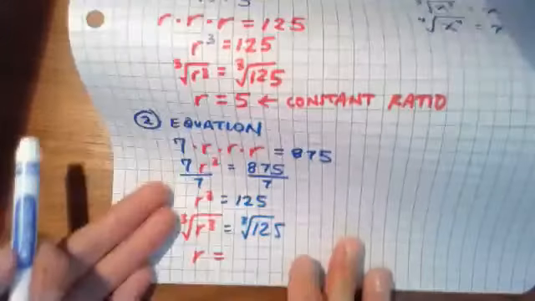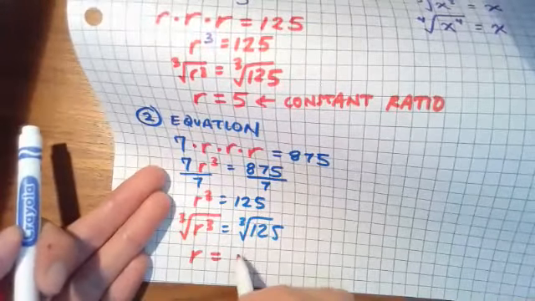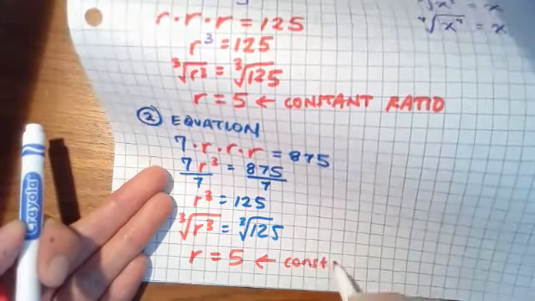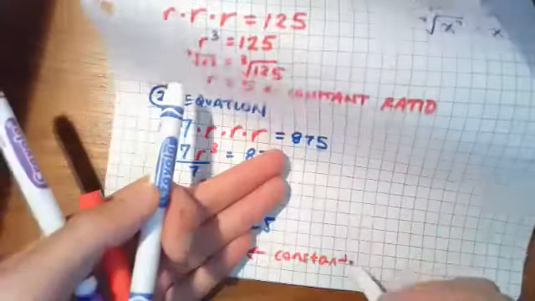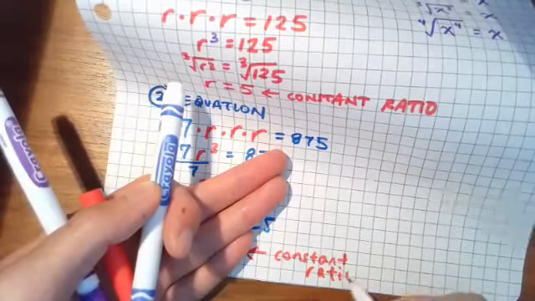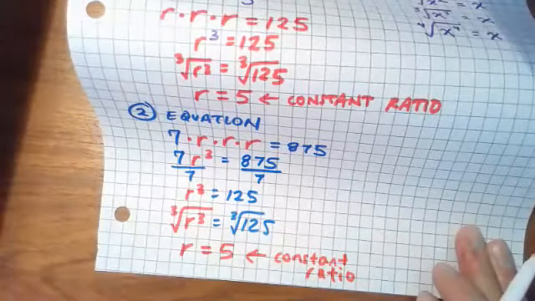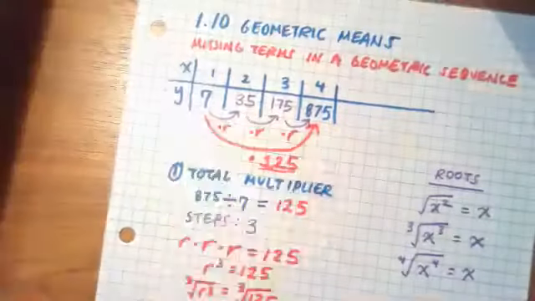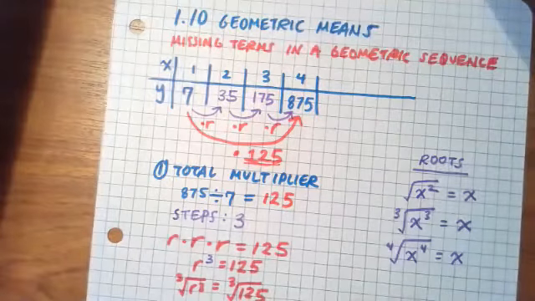Same as before, r is equal to 5. Again, now I know that's the constant ratio. Sorry, here we go, running out of space. That's the constant ratio, and I can use it to fill out the geometric means in this table.